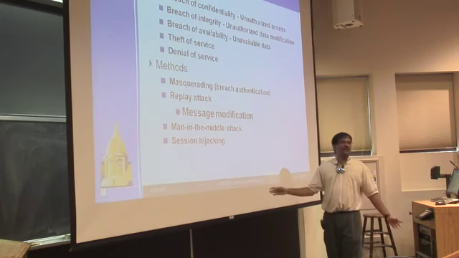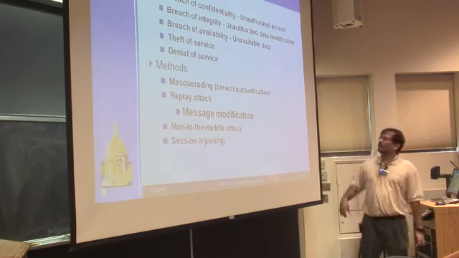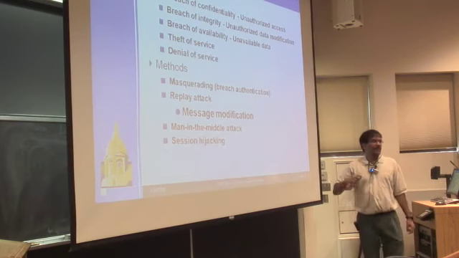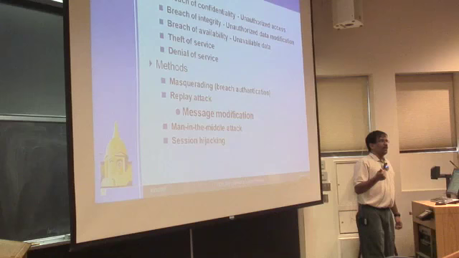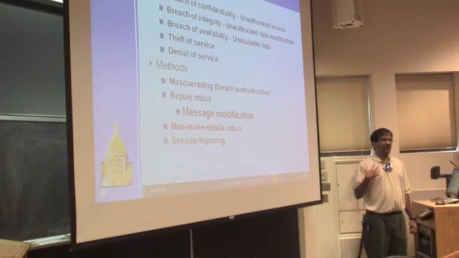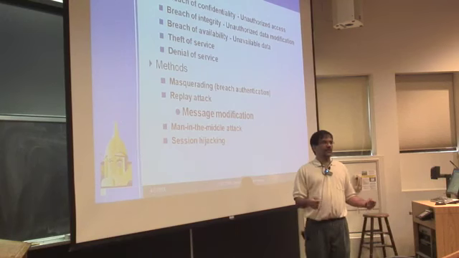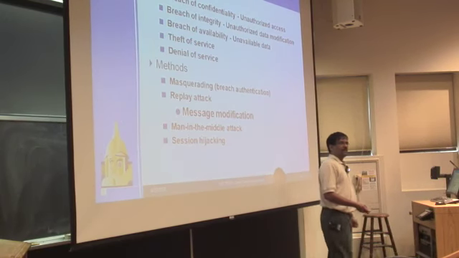There's a whole bunch of issues we'll talk about in security, which I don't have time to go through. Some of the issues that you worry about is breach of confidentiality, right? Which is a big security issue. If I don't want you to find out who I am, and if you find out, it's a bad thing. If you think of spy novels, I don't want you to see who's logged into a machine, right?